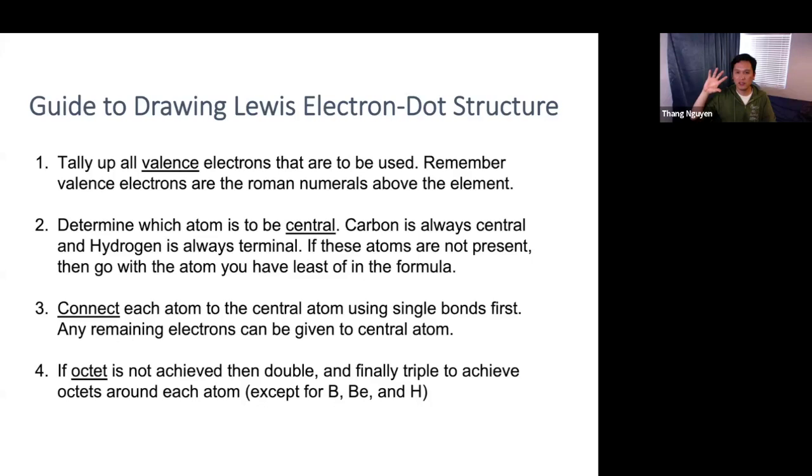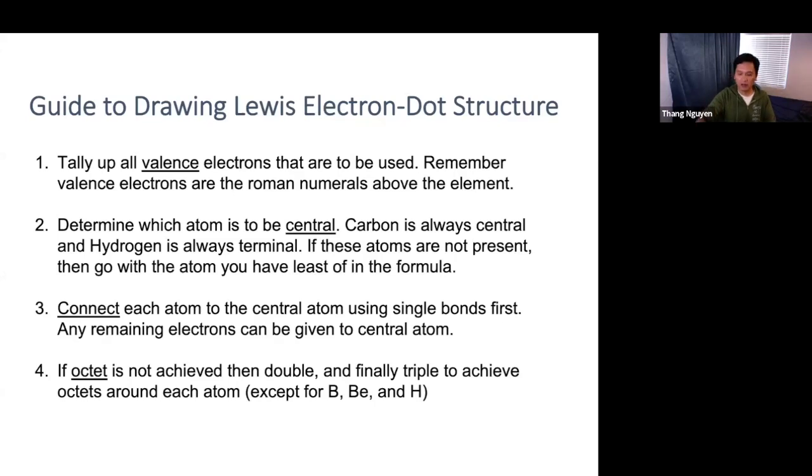Now, when there is no more space to put those electrons, then you want to put them on the central atom. Oops, that's an important part. Okay, so step 4, if after you have done that an octet is not reached, you might have to consider and draw in double bonds and or triple bonds.